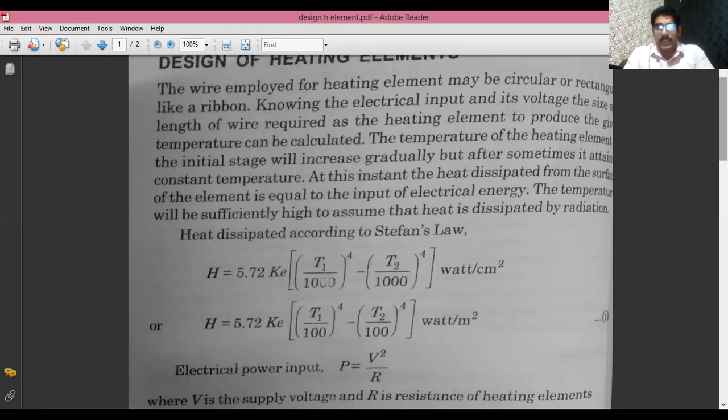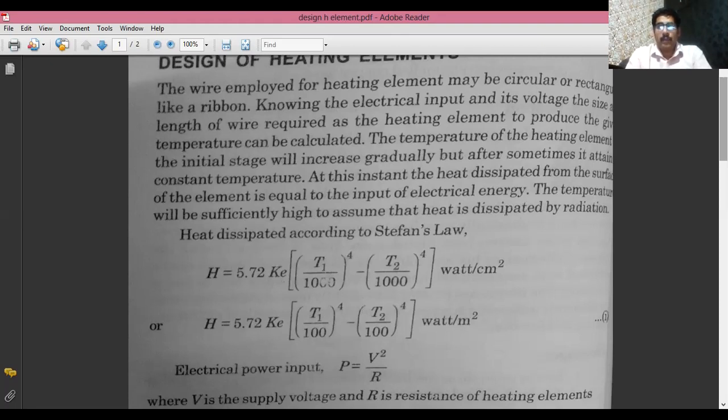So the first equation becomes H is equal to 5.72 Ke into (T1/100 minus T2/100) watts per meter square. The difference between the first and second equation is that in the first equation it is watts per centimeter square, and here it is watts per meter square.